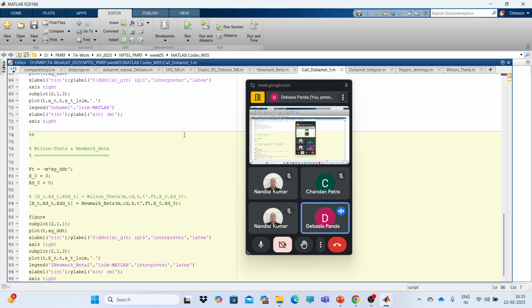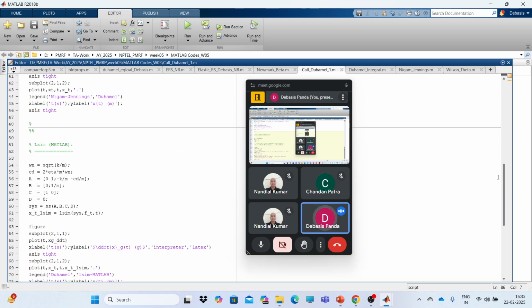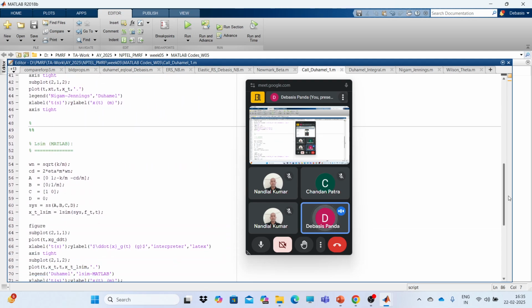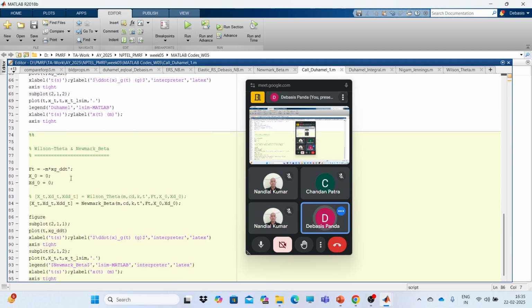Again we are solving the same system, where the mass, stiffness, and damping properties we have already provided here. Mass is 10 kg, stiffness is 100, and zeta is 5%. Using these properties and the zero initial conditions, and using the forcing function as the El Centro ground motion, we are calling the Newmark-beta function file that we made here.